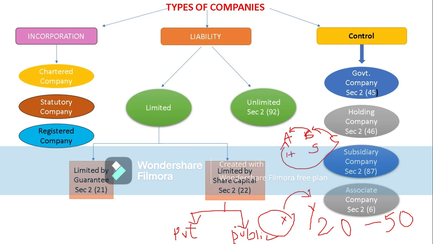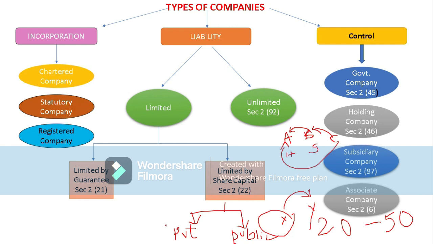A private limited company prohibits any invitation to the public to subscribe for any securities of the company, but a public limited company can go for public subscription.